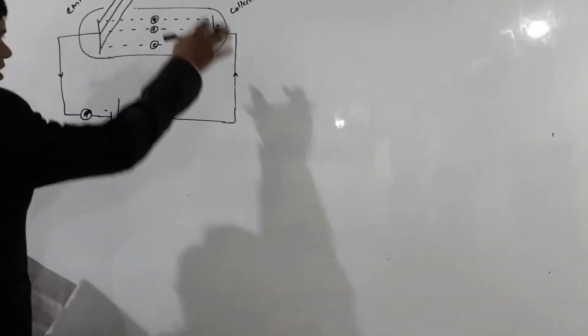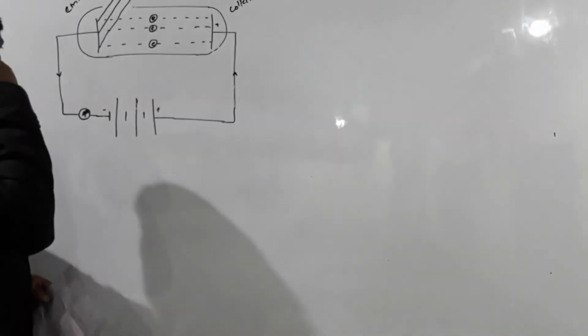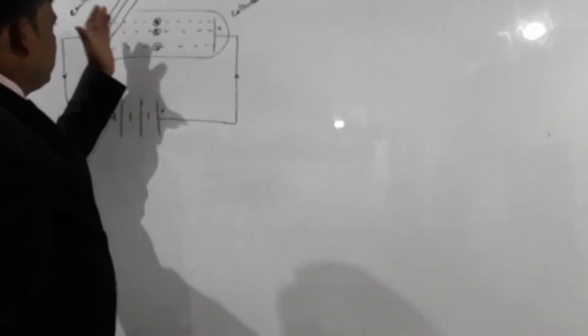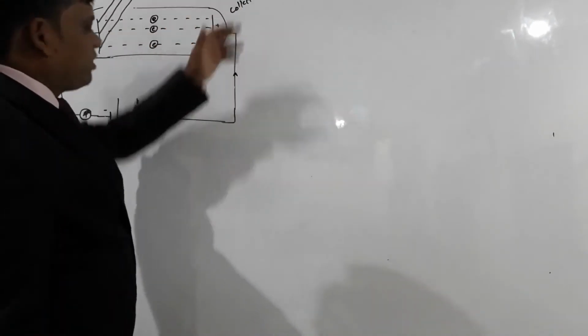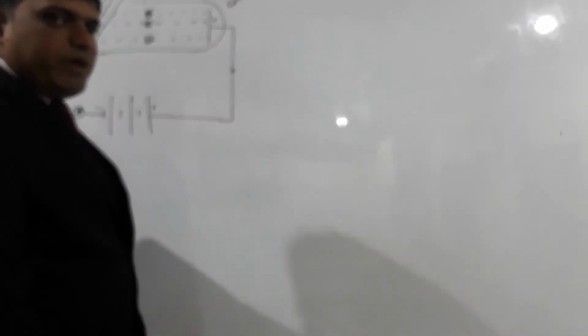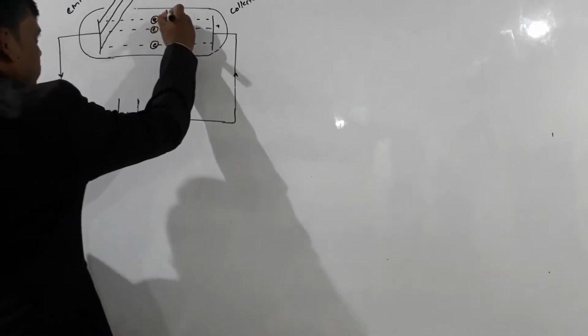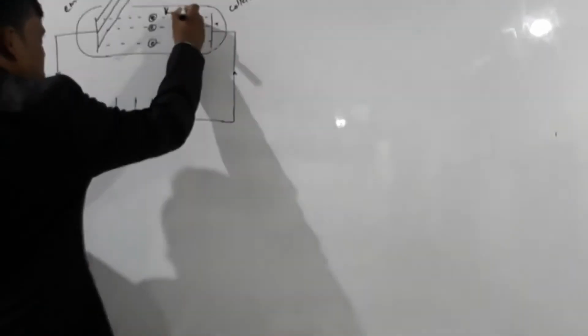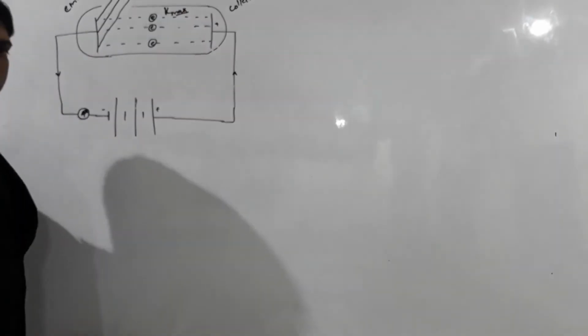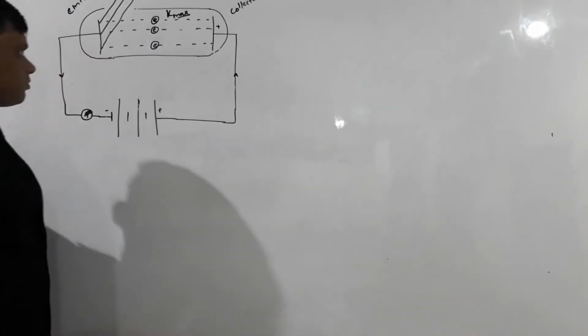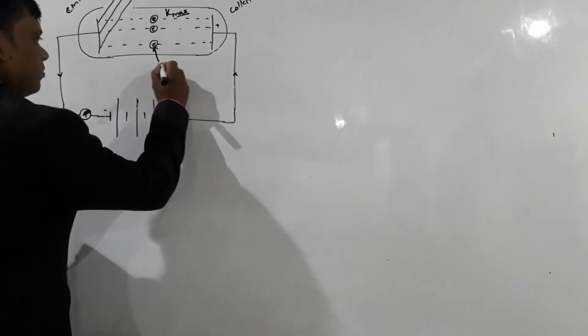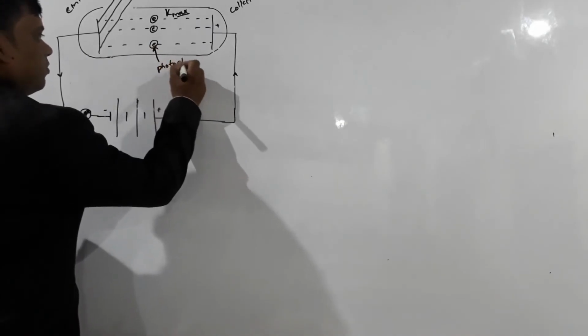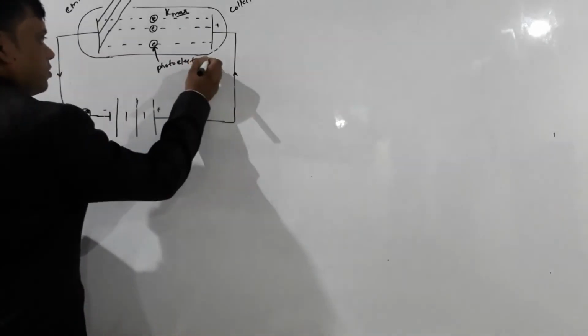And with the remaining energy, the electrons are moving towards the collector. So there will be some maximum value of the kinetic energy, that is called here Kmax. The electrons are called photoelectrons.